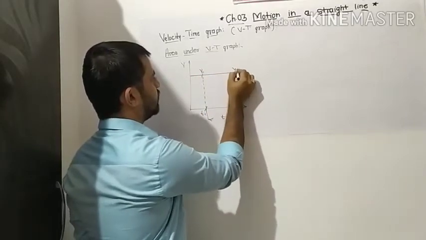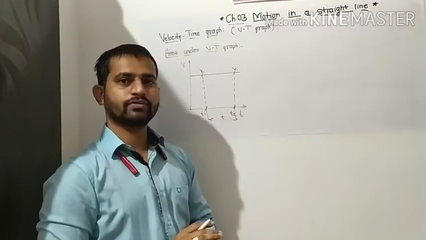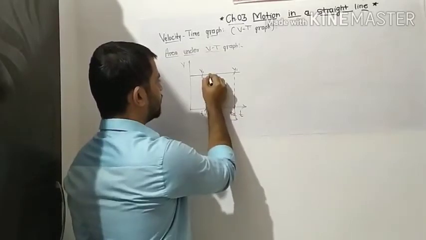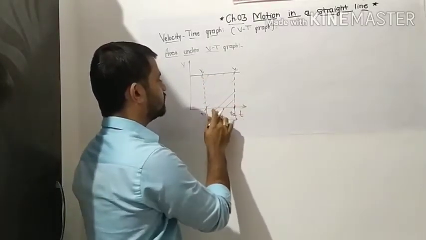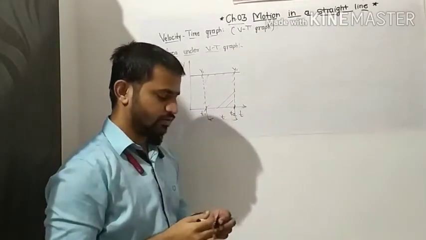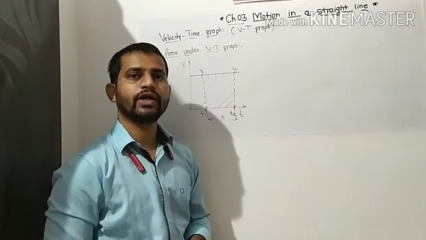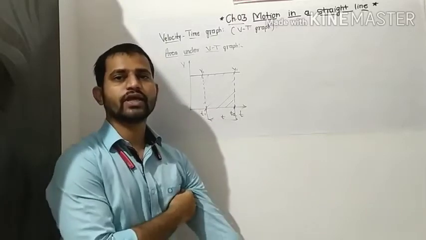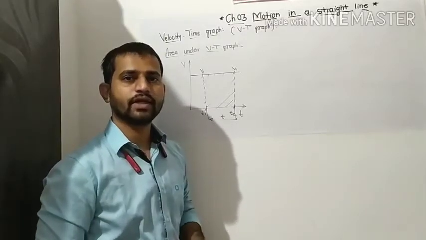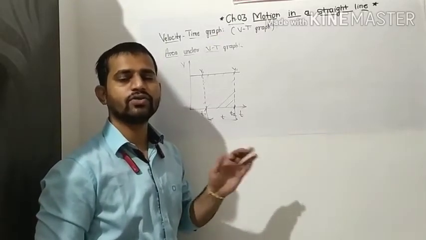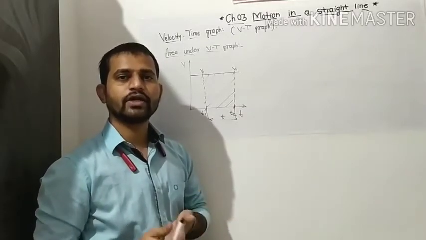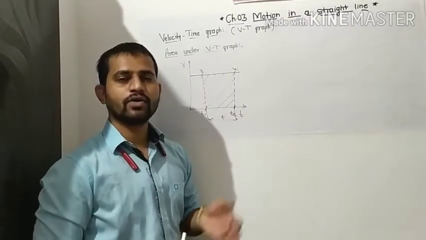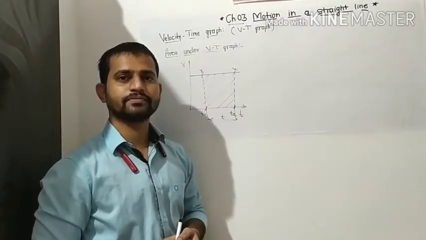So if we consider the area under this curve, how does the area under the VT curve look? It is looking like one rectangle. So how to find out the area of the rectangle? It is nothing but length into width. So where is the length of this rectangle?